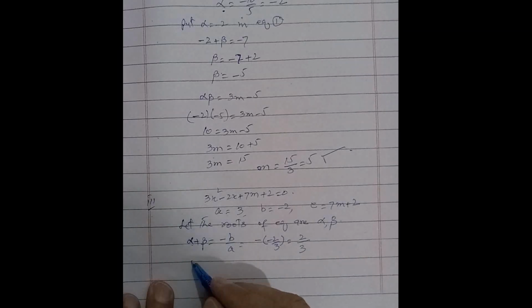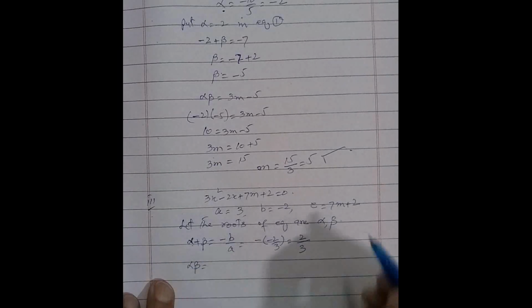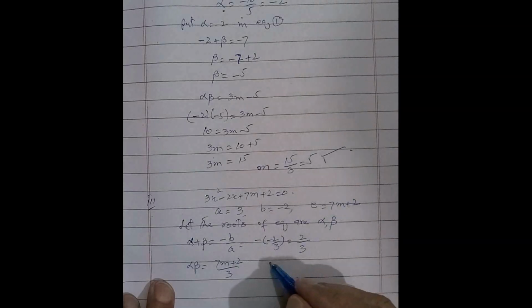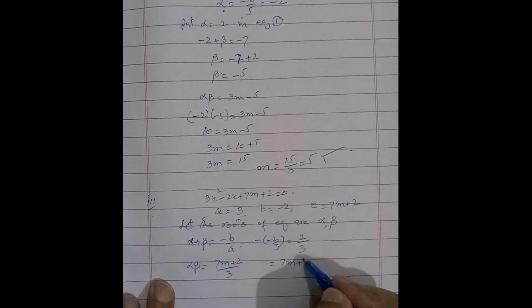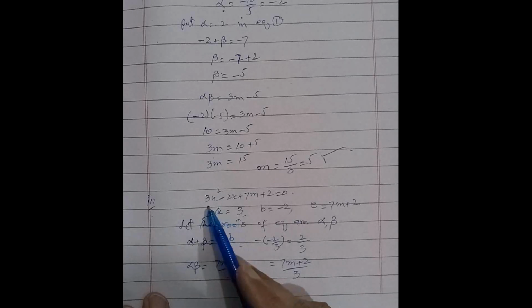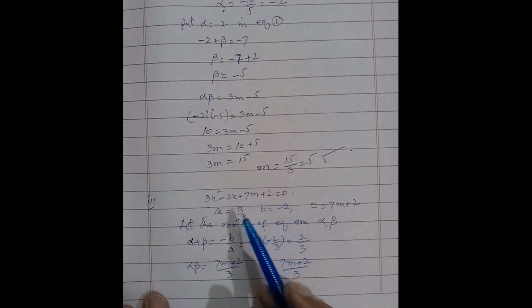And alpha beta, which is the product, is 7m plus 2 over 3, the product of the roots. So in this question, the condition is alpha plus beta is 2 over 3.